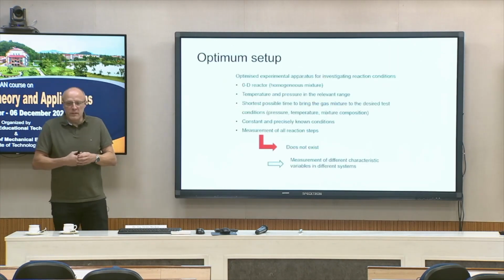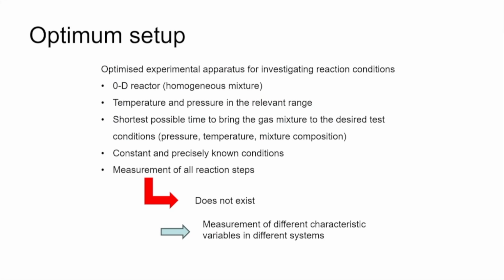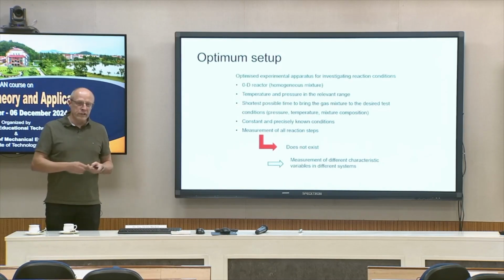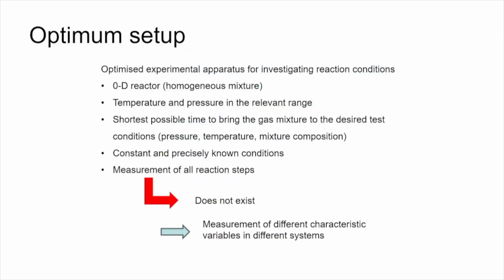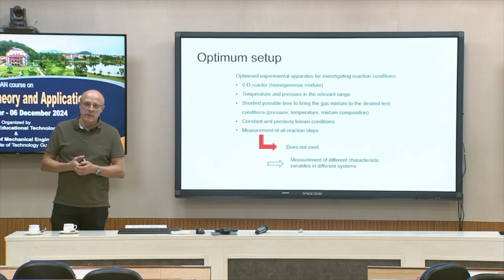The optimum setup would be a homogeneous 0D reactor where temperature and pressure are in the relevant range. It would be perfect if we have initial conditions of 700K, 1 bar, and with 1 click we would yield the interesting high temperature, high pressure region within the shortest possible time.